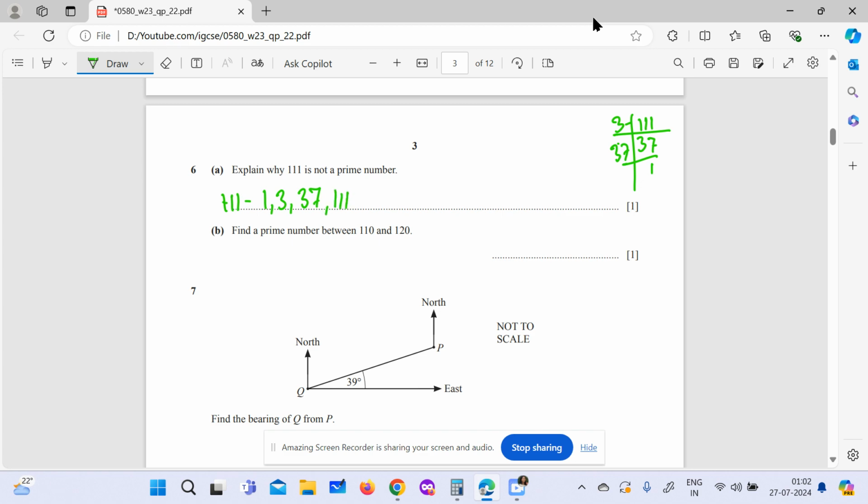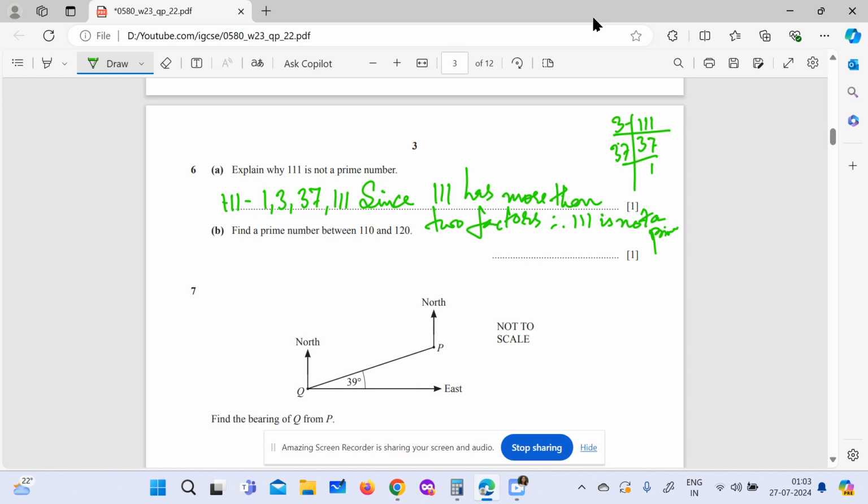So you can see here 111 has more than two factors. So we can write here, since 111 has more than two factors, therefore 111 is not a prime number.